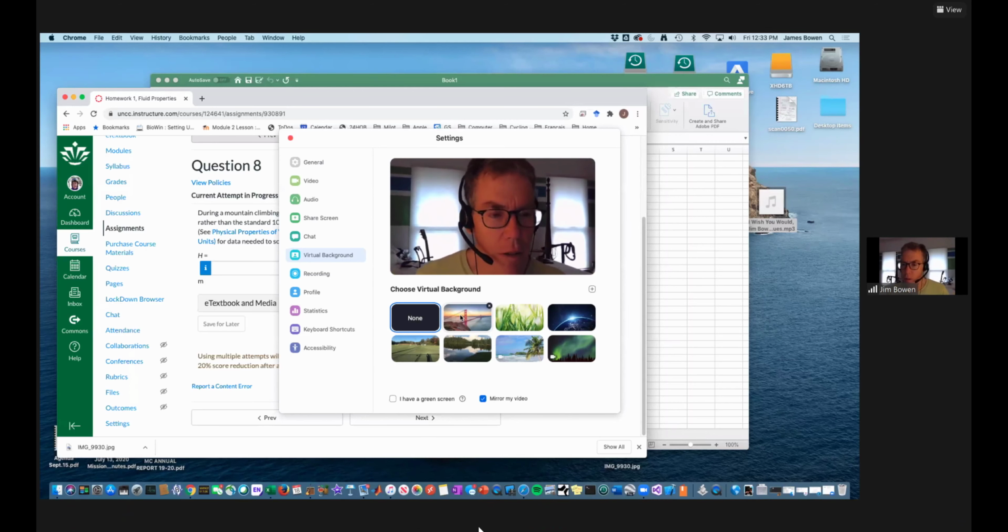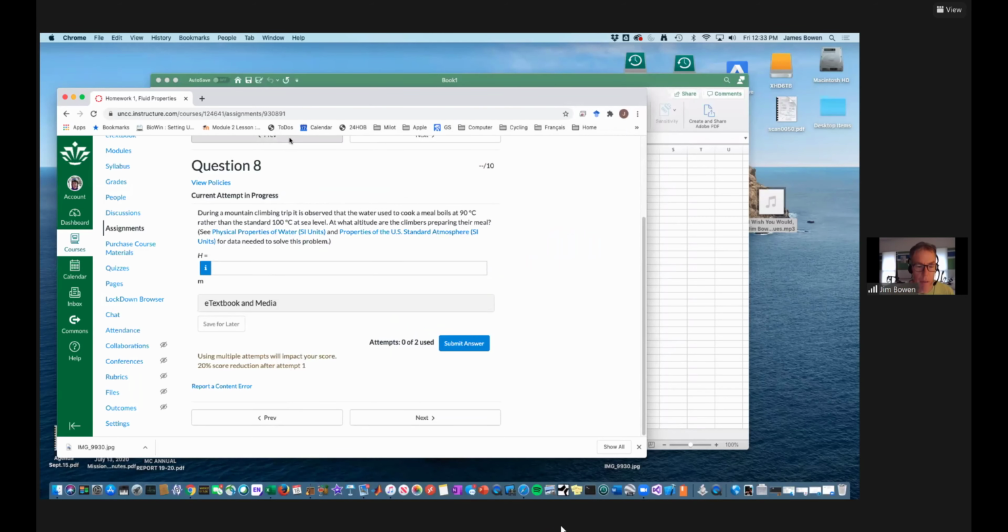All right then. So 90 degrees C is the boiling point. For 90 degrees C, we go to table B2, go down to 90 degrees C, and look for the vapor pressure. I get 7.01 times 10 to the fourth pascals, pascals absolute.